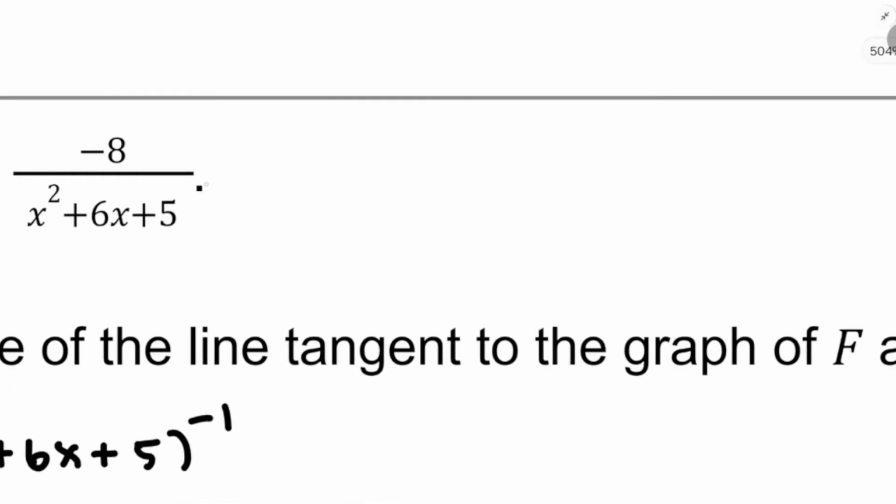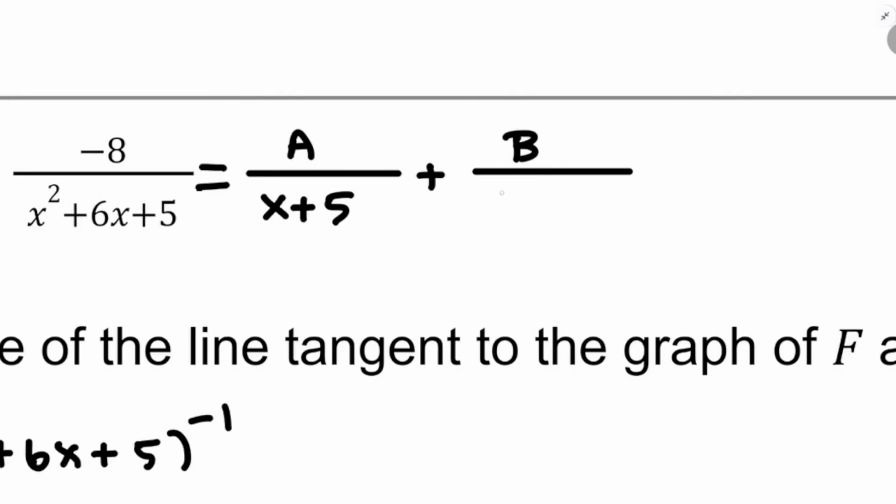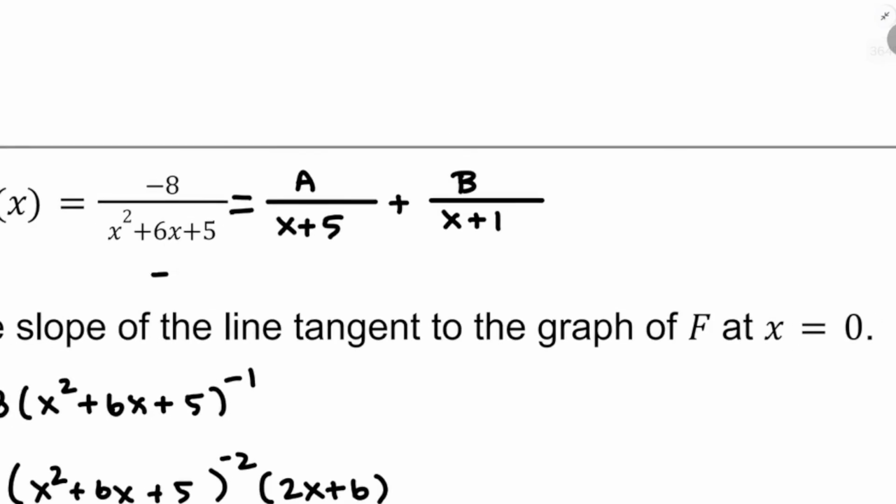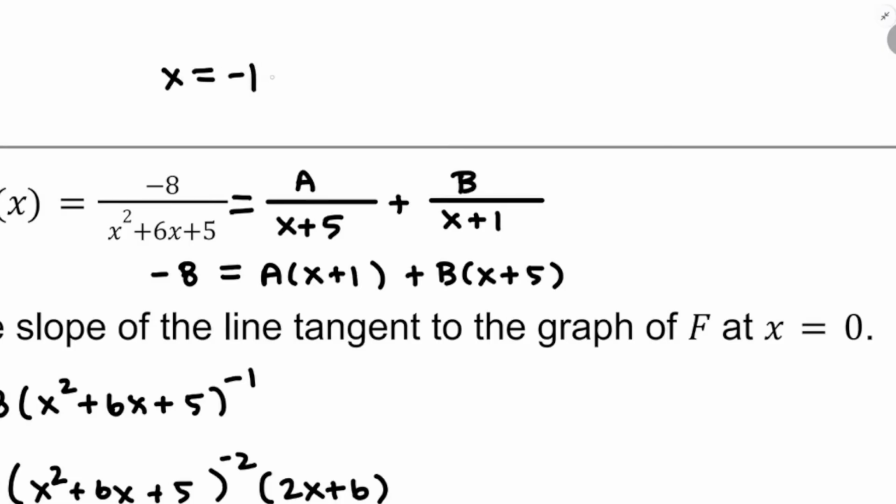All right, so I can just go over here and say that equals a over x plus 5 plus b over x plus 1. Okay, multiply both sides by both denominators, and I get negative 8 equals a multiplied by x plus 1 plus b multiplied by x plus 5. Okay, now when x equals negative 1, I'm going to have negative 8 equaling 0a and 4b.